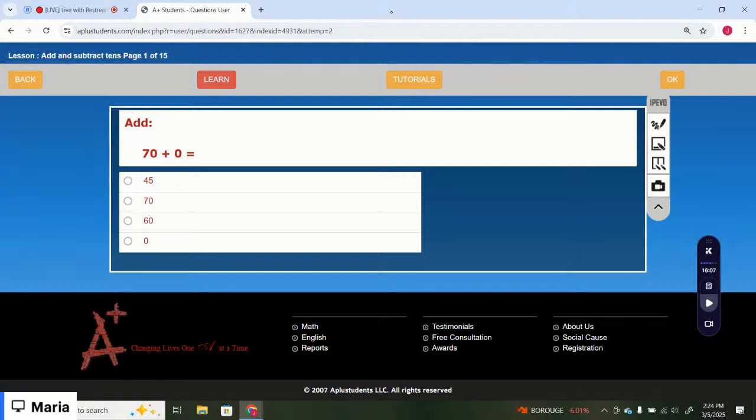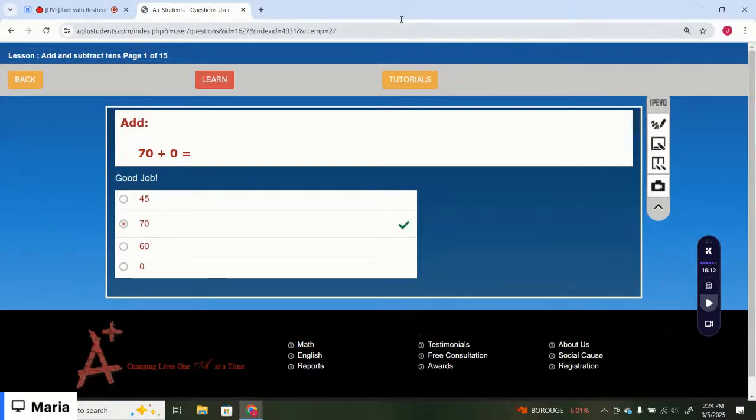Whatever number you are adding to 0, the number stays the same. So 70 plus 0 is 70. Option number 2 is the correct option.